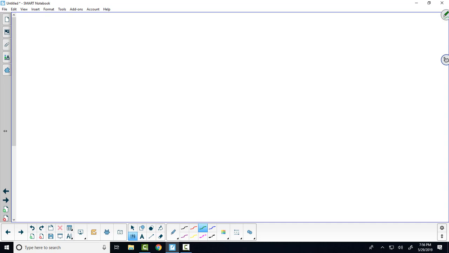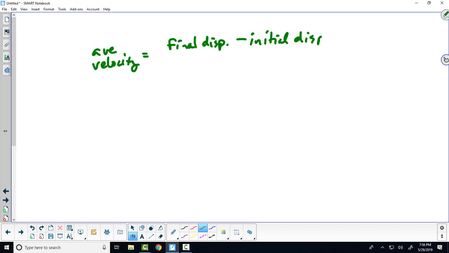So what do I want to say? We're looking for the average velocity. And we could say that that's the final displacement minus the initial displacement, all divided by the final time minus the initial time.